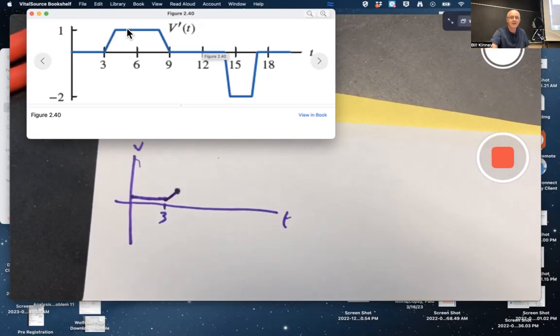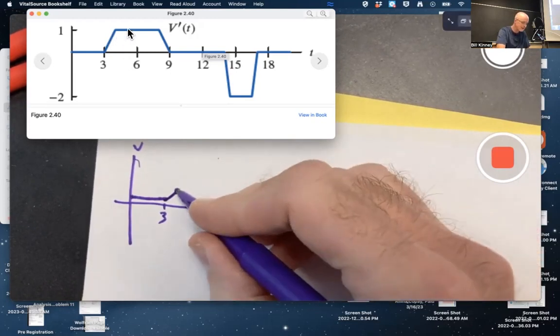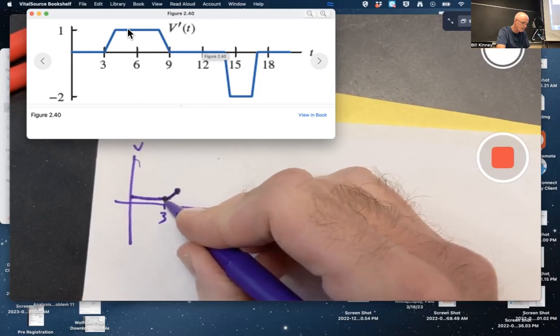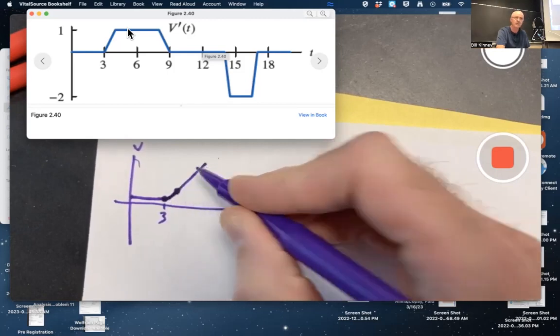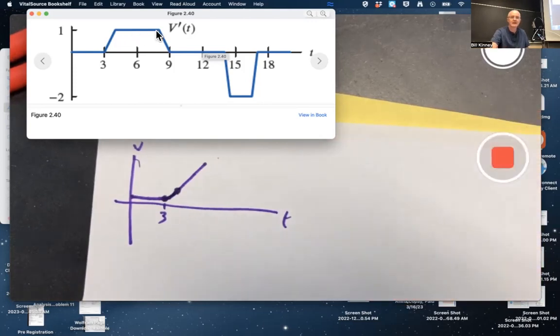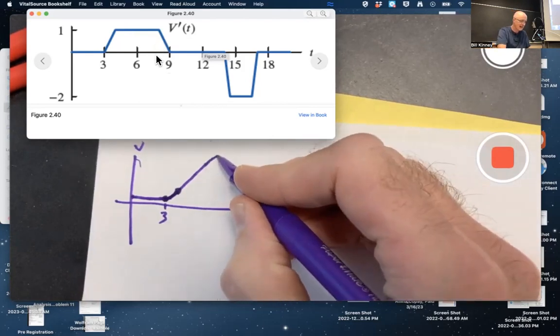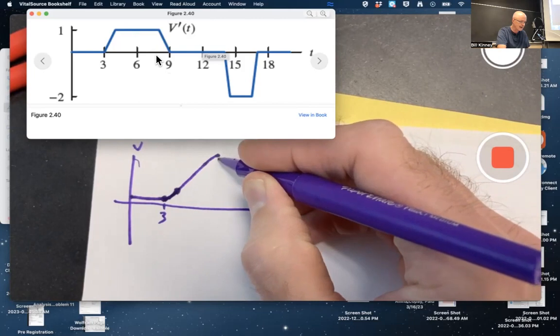And then when this is constant at 1, the slope's got to stay constant at 1. So I don't know if I drew this very well, but I'm trying to make it slightly curved there. And then it's going to stay constant in slope until you get to just before time 9. Maybe you might say time 8 or so, when the slope goes back down towards 0 and becomes 0 again at time 9.